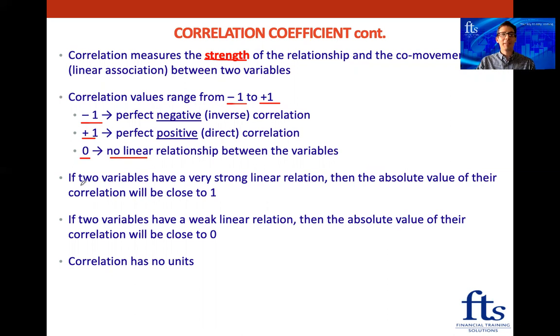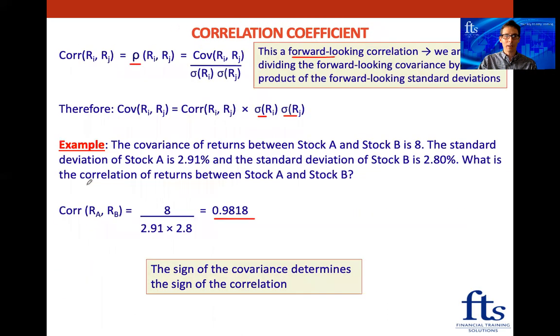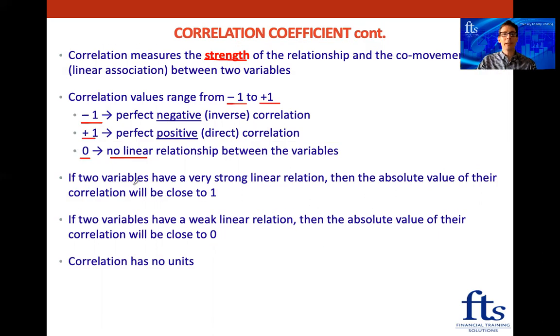And in what we did in our example, this one over here, our correlation there was 0.98. So if the two variables have a very strong linear relation, then the absolute value of their correlation will be close to 1, like we had 0.98. So if it's 0.98 positive, then it's very close to 1. So we've got a strong positive relationship. But now, absolute just means what?